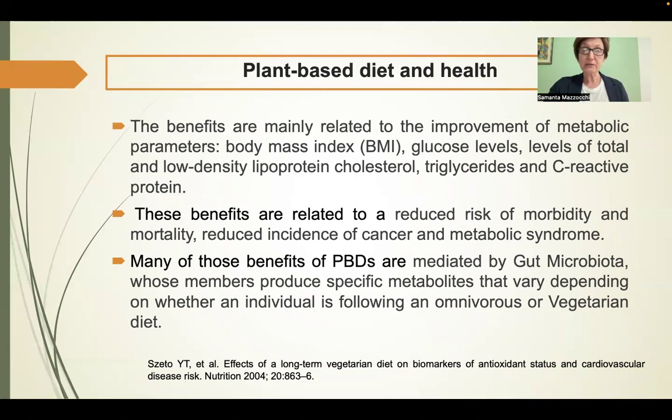These benefits are related to a reduced risk of morbidity and mortality, reduced incidence of cancer and metabolic syndrome. Many of those benefits of plant-based diets are mediated by gut microbiota, whose members produce specific metabolites that vary depending on whether an individual is following an omnivorous or vegetarian diet.